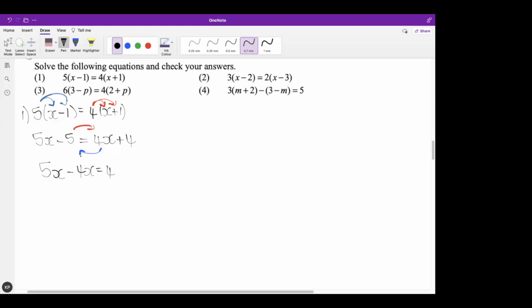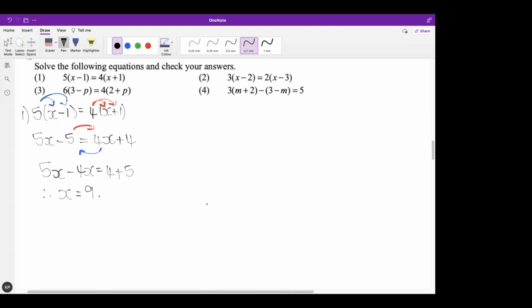That was already there. And my negative 5, what's my symbol for the negative 5? Becomes plus 5. Beautiful. So then what's 5x minus 4x? 5x minus 4x. Great. We're already at our last step. Therefore, x is equal to 4 plus 5, which is 9. And we're done.